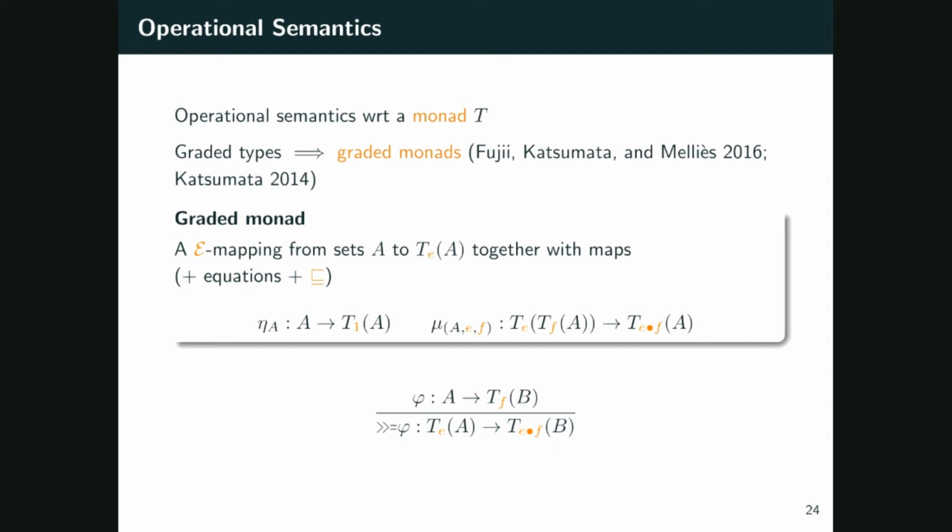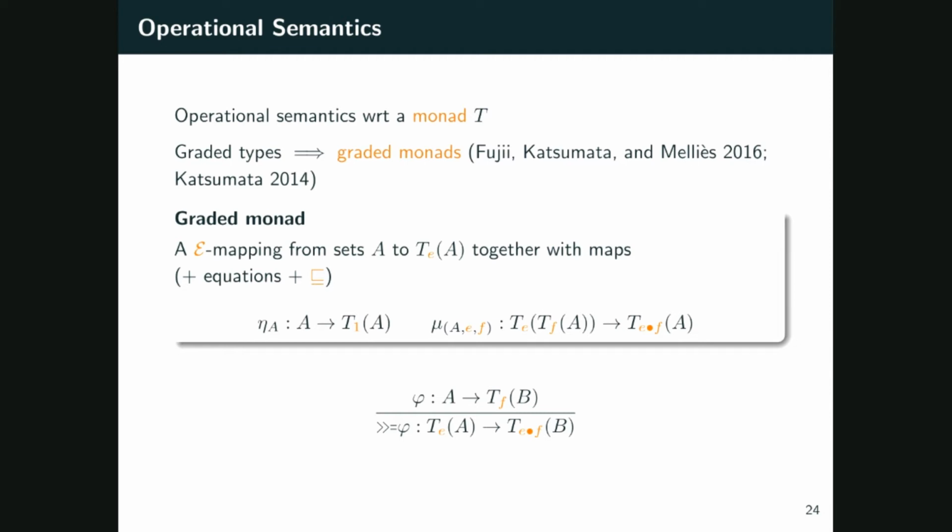Actually, because we have graded types, what we need is a graded monad, which, to give you a very informal definition, is just a family of mappings indexed over elements of the effect algebra that associate to any set A a new set TE of A, together with suitable maps, the unit and the multiplication of the monad, which are, of course, adapted to take into account effect annotations.